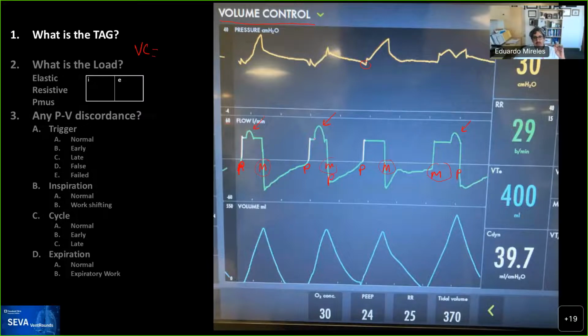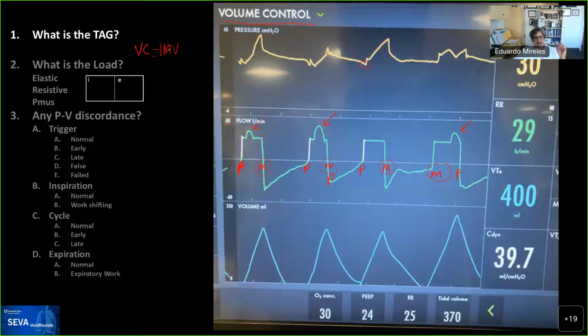So if the patient makes a lot of effort, it will trigger and cycle the breath, and it can continue to do that as long as it has a lot of effort. So this is really a variation that exists in this ventilator in particular, not on all ventilators, an IMV type 4.